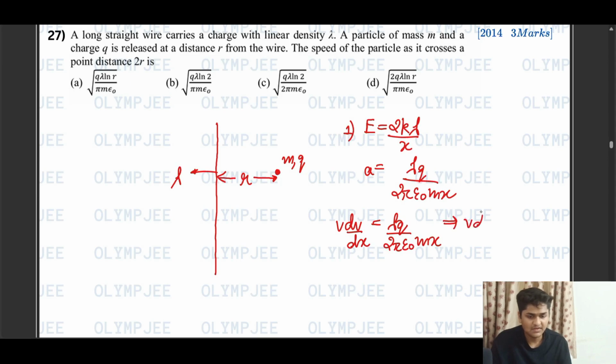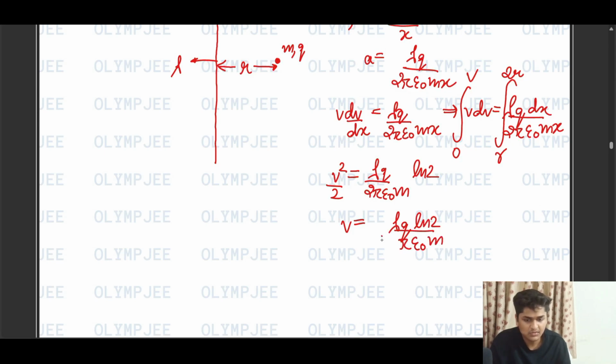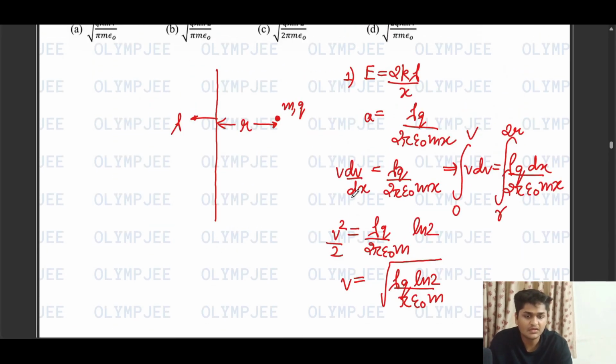So this will give us v dv is equal to λq dx by 2πε₀mx, and we can integrate this from r to 2r, and since at r it is released at rest, v is equal to 0 and we need to find v at 2r. So this will become v²/2 is equal to λq by 2πε₀m ln 2. So v will become equal to root of λq ln 2 by πε₀m. So this is the first method of doing.